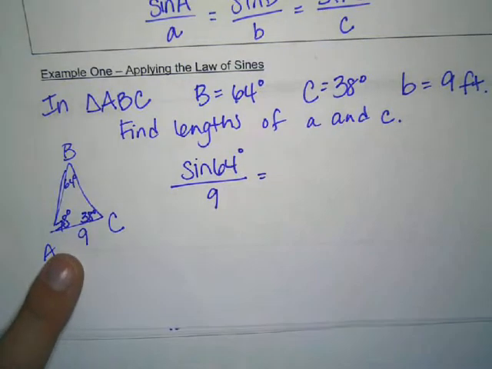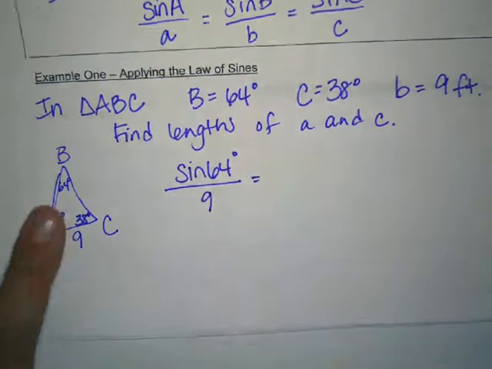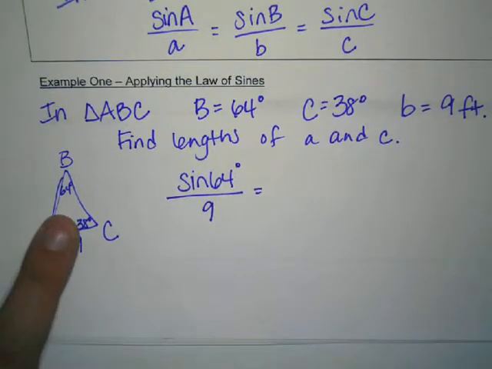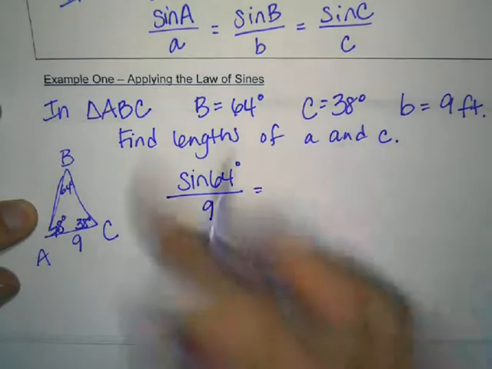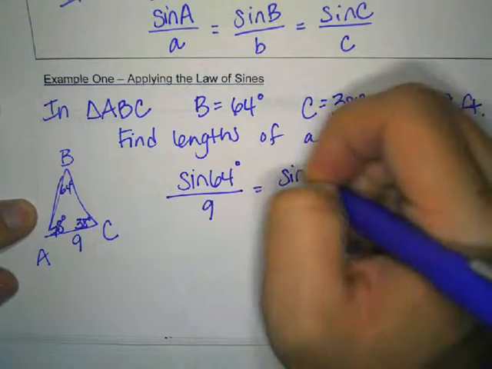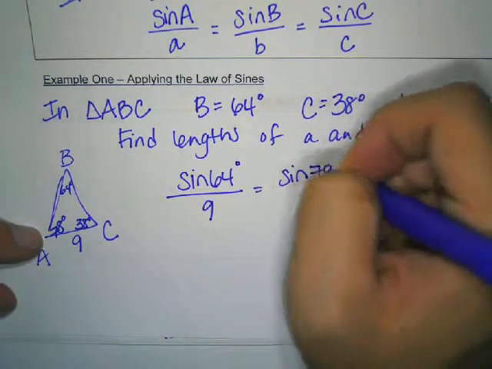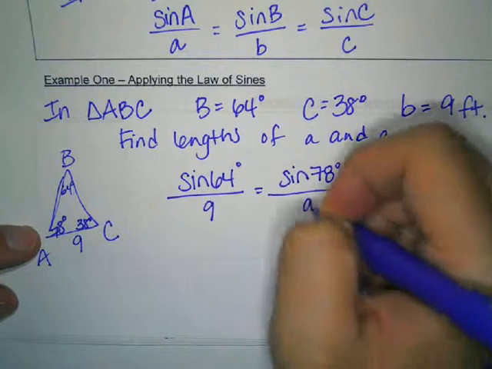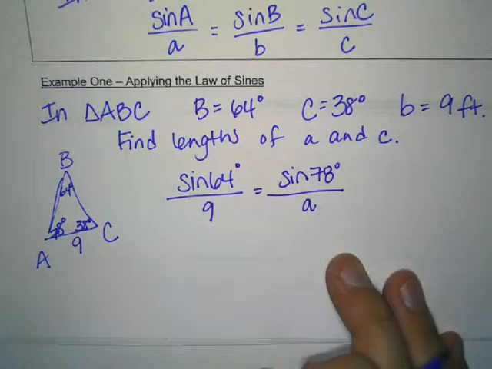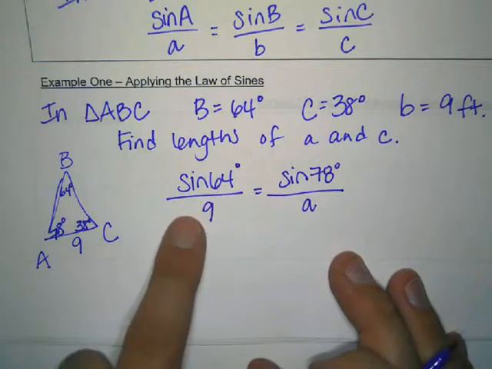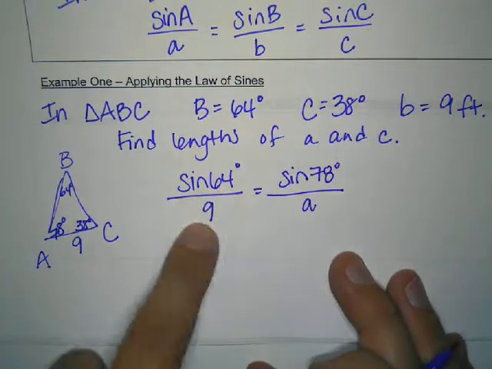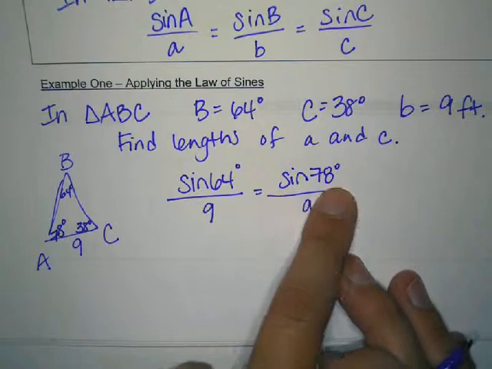So we want to find side C, we want to find side A, so let's start there. So this is going to be equal to sine of A, which is 78, over side A, which is our unknown. So sine of B over side B is going to equal sine of A over side A.